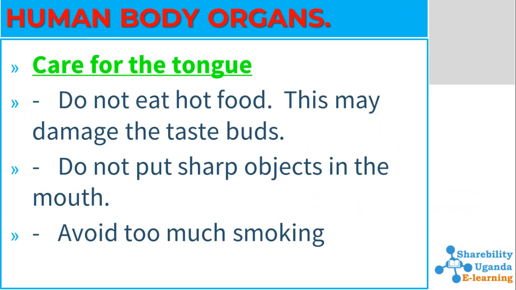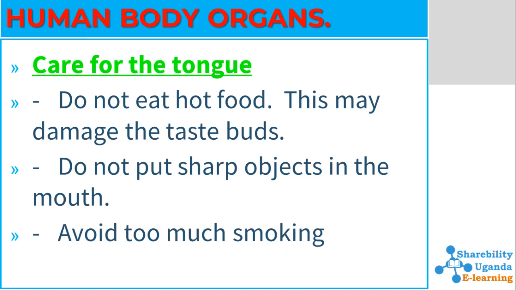Care for the tongue. How do we care for our tongues? Do not eat hot food. This may damage the taste buds and then lead to loss of tasting. Do not put sharp objects into the mouth. This may cause cuts on the tongue and therefore a tongue disorder.